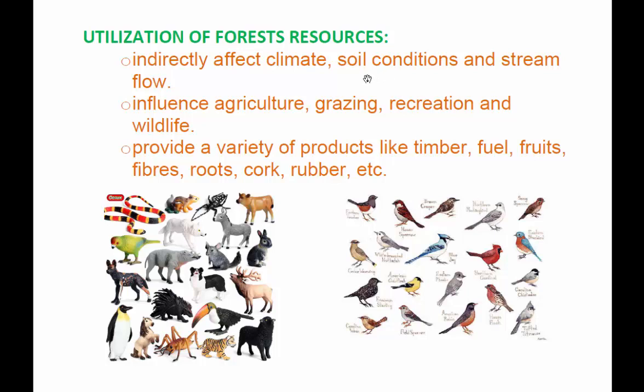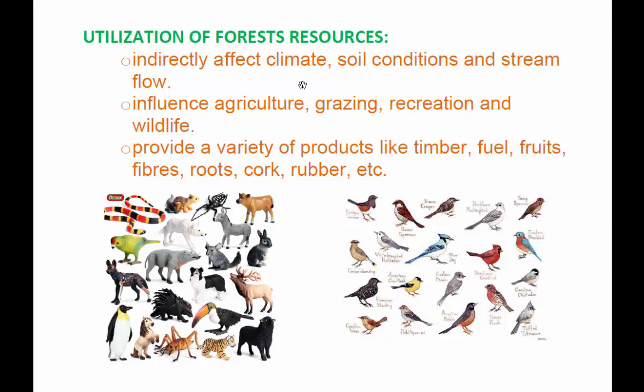Climate: you might have heard about global warming. Due to the cutting of trees and the decreasing of forests, the climate has changed. So these forests directly or indirectly affect our climate.